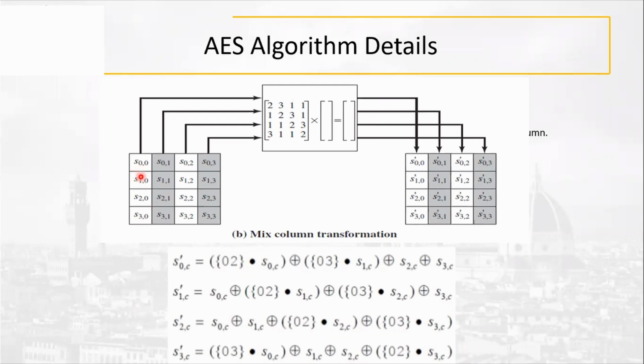What is the size of the first column, 4 by 1 or 1 by 4? It is row by column. So the matrix size is 4 by 1.